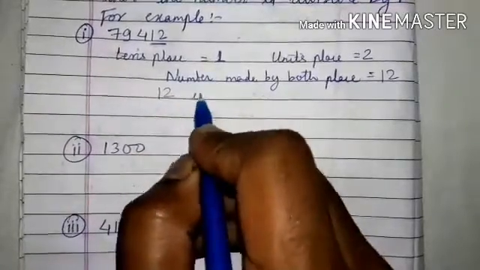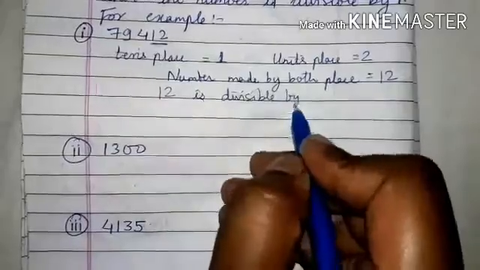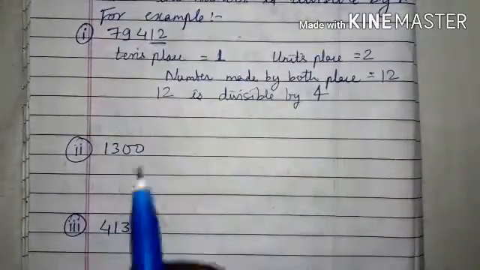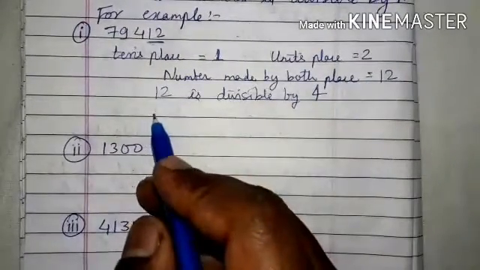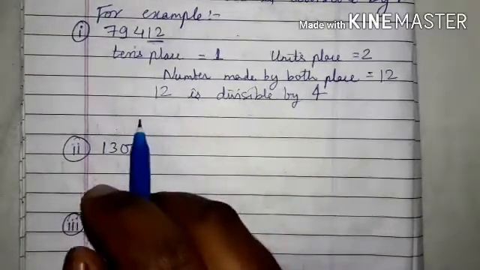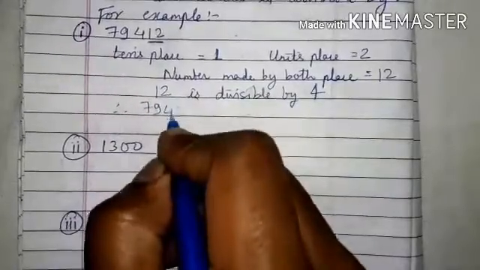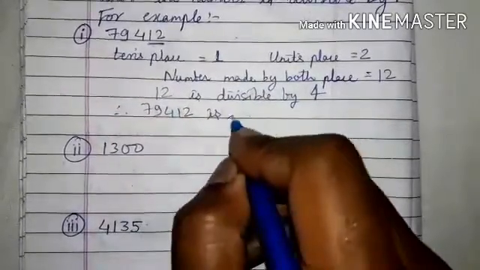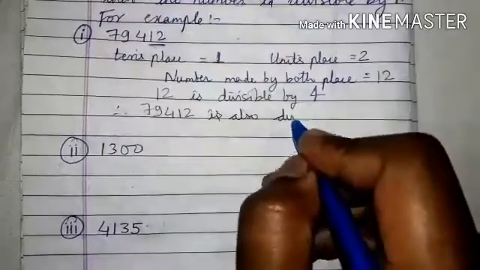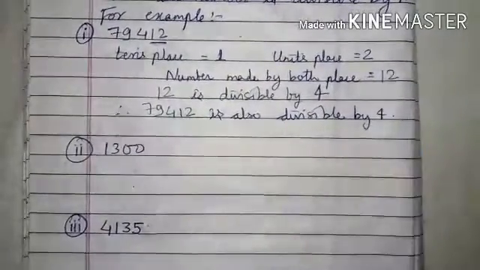Is 12 divisible by 4? Yes, in the table of 4, 12 is coming. Therefore, 79,412 is also divisible by 4.